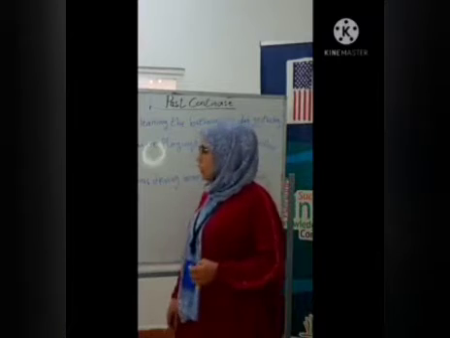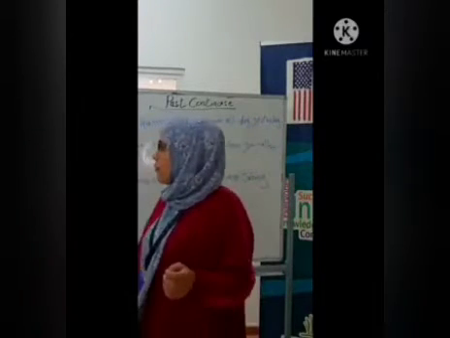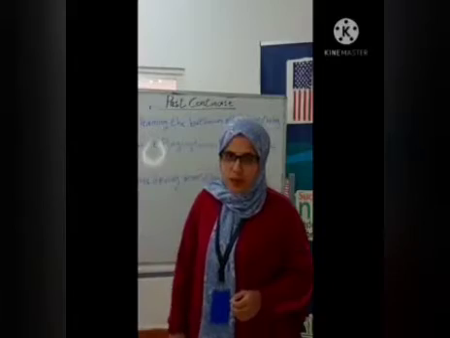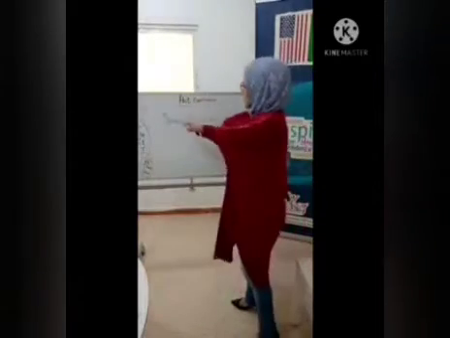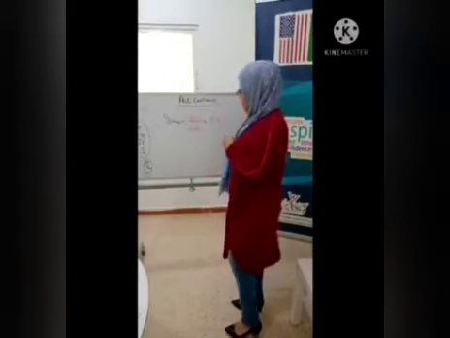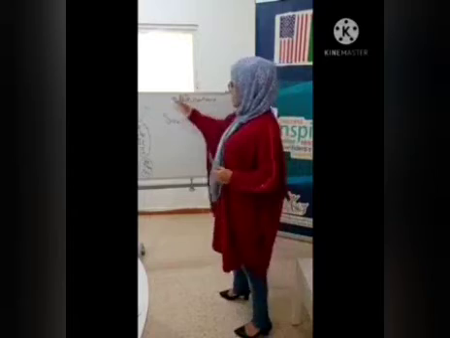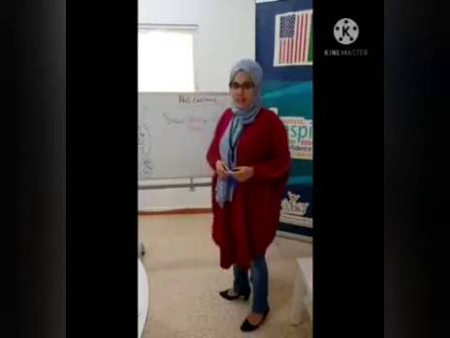Okay, now let's move to the form of the past continuous, the second important thing to know. So what about the form? Here is the main form of the past continuous.